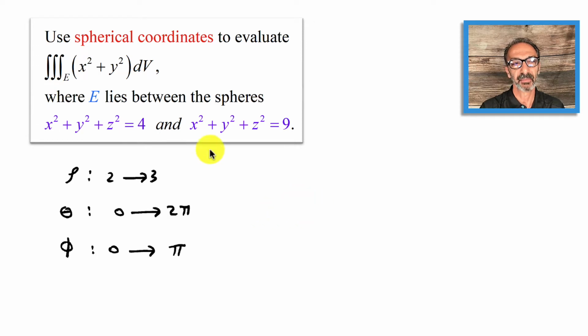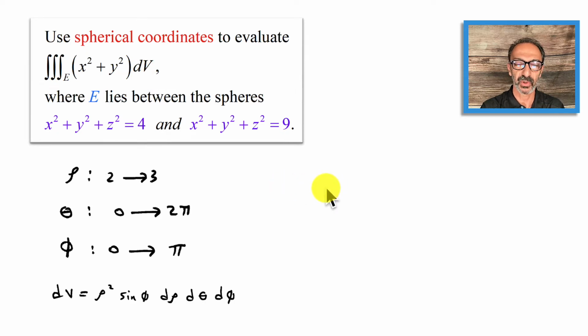Now, what about dv? Well, for spherical coordinates, dv is rho squared sine phi d rho d theta d phi. Inside we have x squared plus y squared. We need to translate that into spherical language. So what's x squared plus y squared?